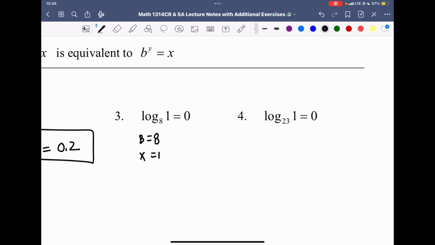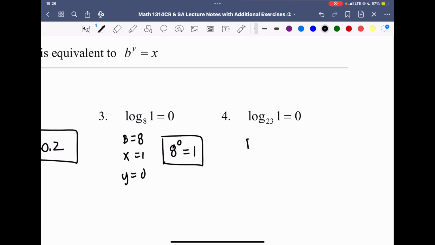X equals 1, y equals 0. So 8 raised to 0 equals 1. Then we have b equals 23, x equals 1, y equals 0. 23 raised to 0 equals 1.